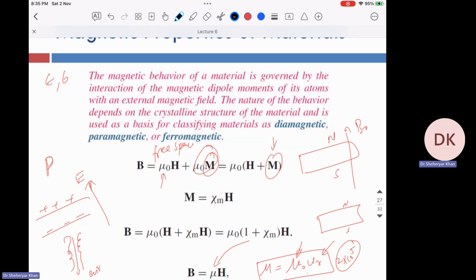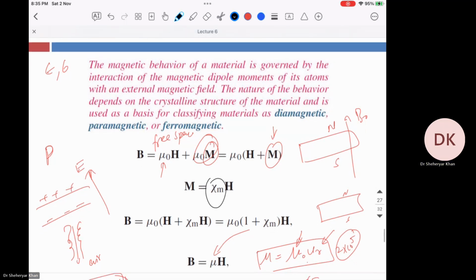Now, how does this work? B is mu naught H plus mu naught M. This mu naught M is due to the internal structure of the materials, right? And then we can take H plus M outside and mu naught inside. So this is the magnetic susceptibility due to the internal structure, meaning how the molecules inside are arranged.